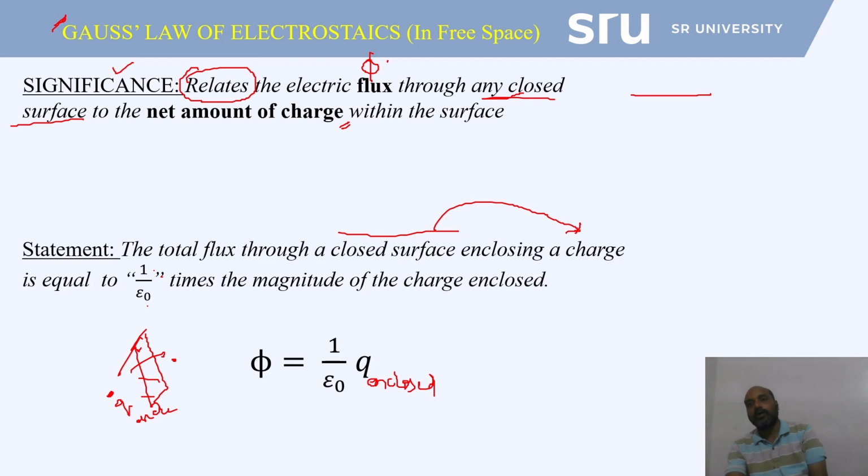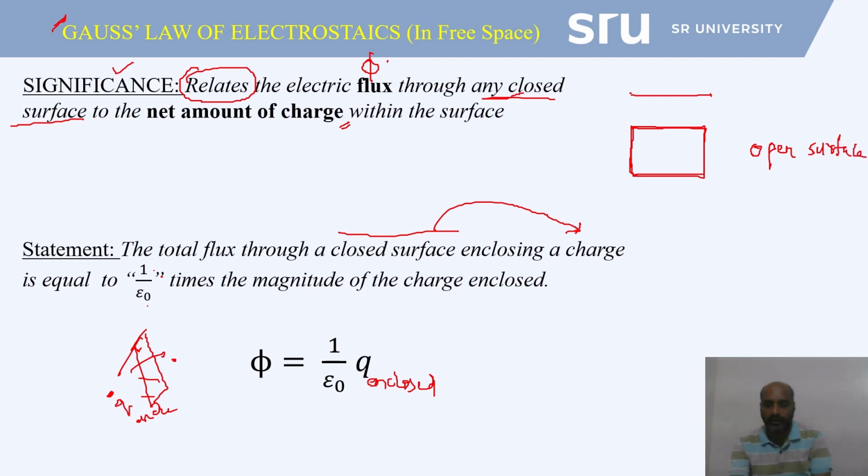Now, this is an open line because the initial and final points do not meet again. Now, this is a closed line. This is a closed line, or you can say an open surface, because this surface is not enclosing any volume.